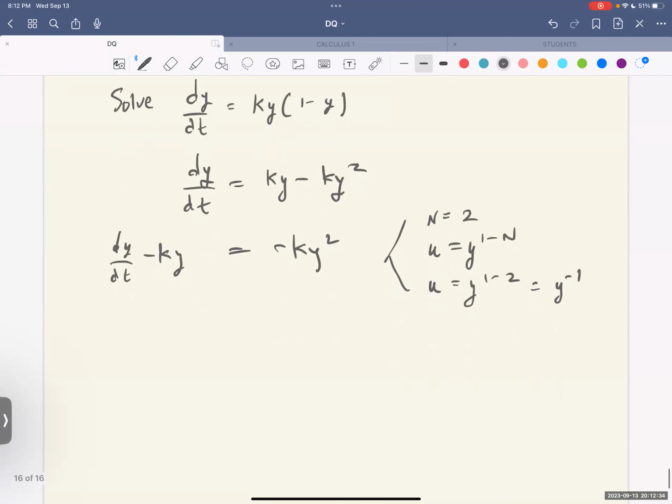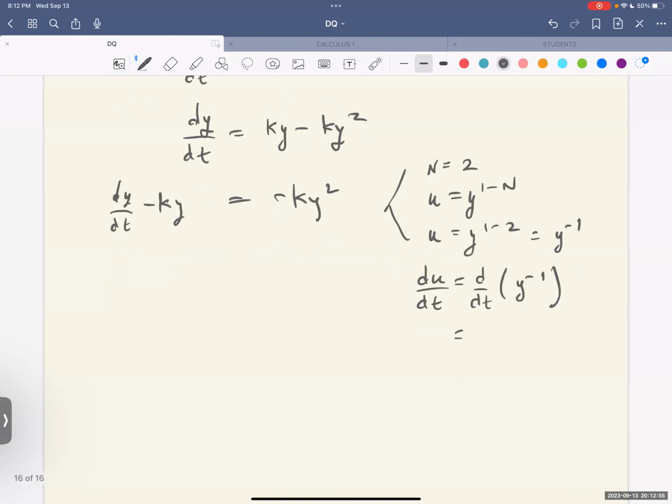Then the next thing you do is similar to a u substitution: you take a derivative of u, but with respect to t. So let's take the derivative of u with respect to t. That's going to be the derivative by t of y to the negative 1. And this is implicit differentiation.